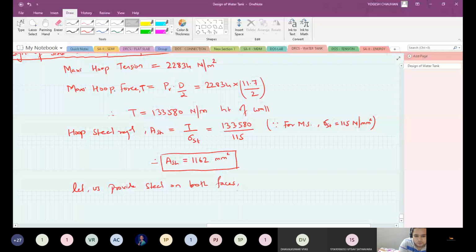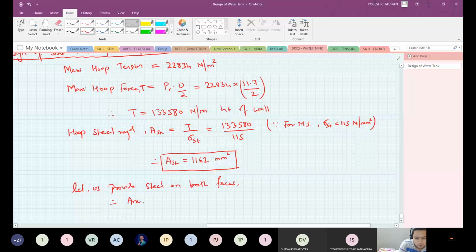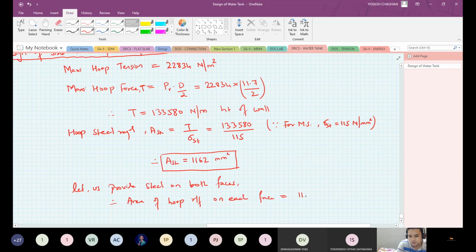So therefore, area of hoop reinforcement on each face will be equal to 1162 by 2, that is 581 mm square.